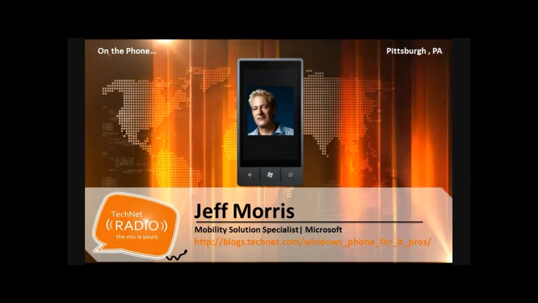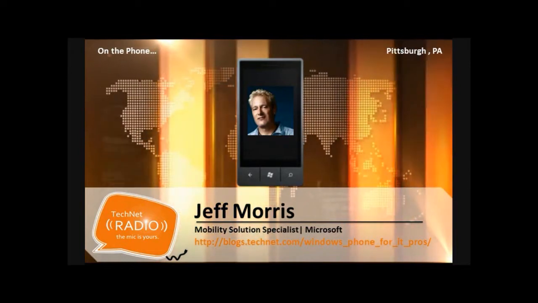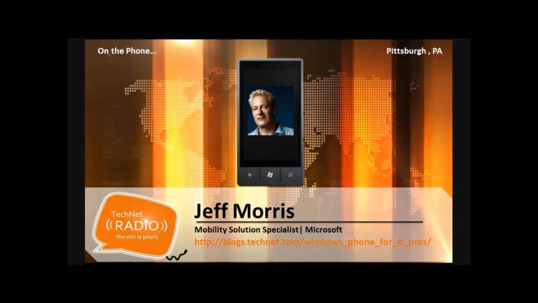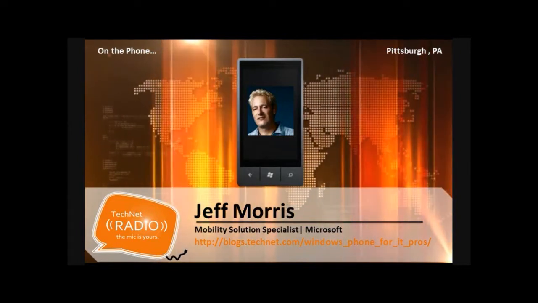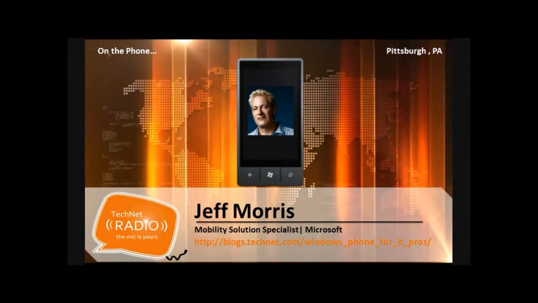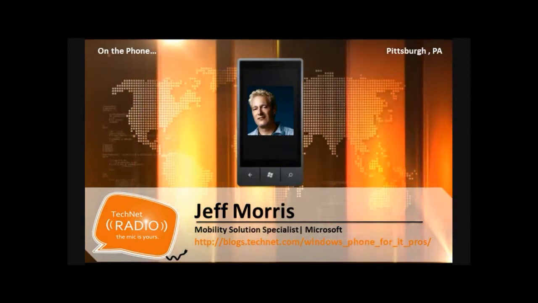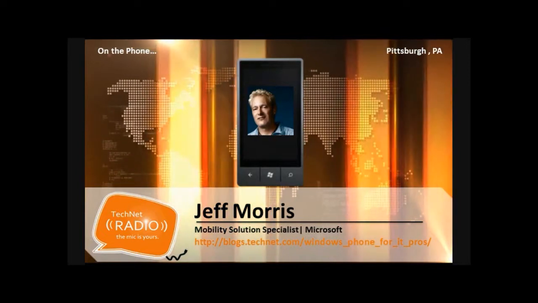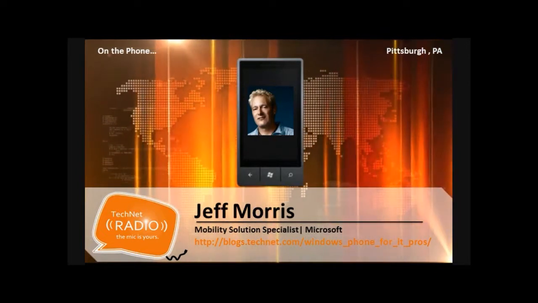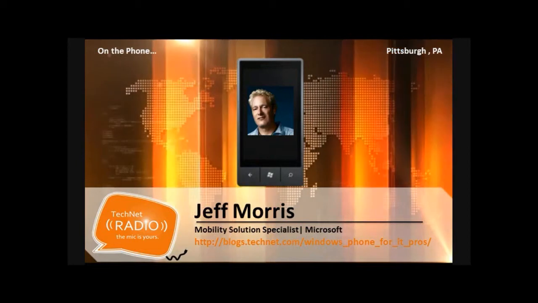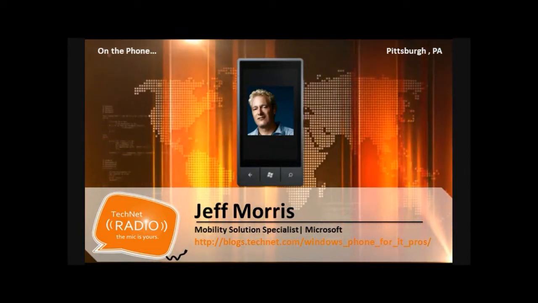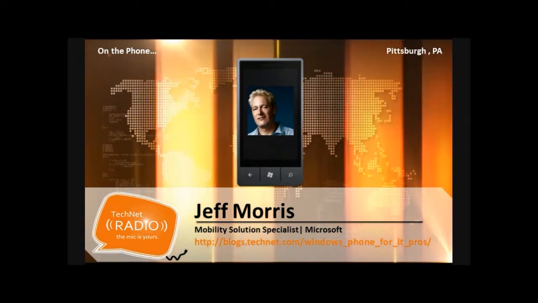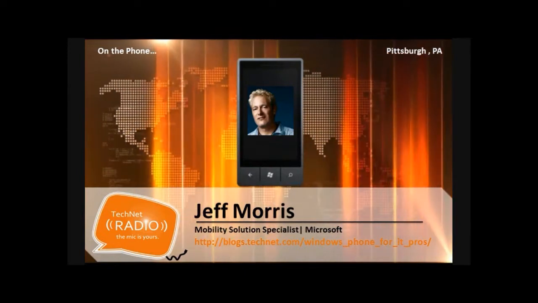So Exchange ActiveSync is a protocol that is included with Exchange. It's been in Exchange since 2003 Service Pack 2. I speak to customers every day, and we still have a lot of them running on the 2003 Exchange platform with Service Pack 2, and I just want to let them know that they're not excluded from taking advantage of ActiveSync with Windows Phone 7. If they have that platform, they can still certainly use it.